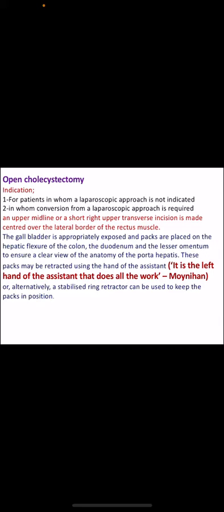It is the left hand of the assistant that is doing the operation, or all the work. هاي عبارة مأثورة قالها جراح قديم اسمه مونيهان. شنو معناه؟ معناه انه الايد اليسرى مالت المساعد هي تسوي كل الشغل مالت open cholecystectomy, because without this hand we cannot see the field. بدون ايد المساعد مالتي اليسرى اللي تدفع ال bowel away from the gallbladder, I will not proceed to complete the cholecystectomy.